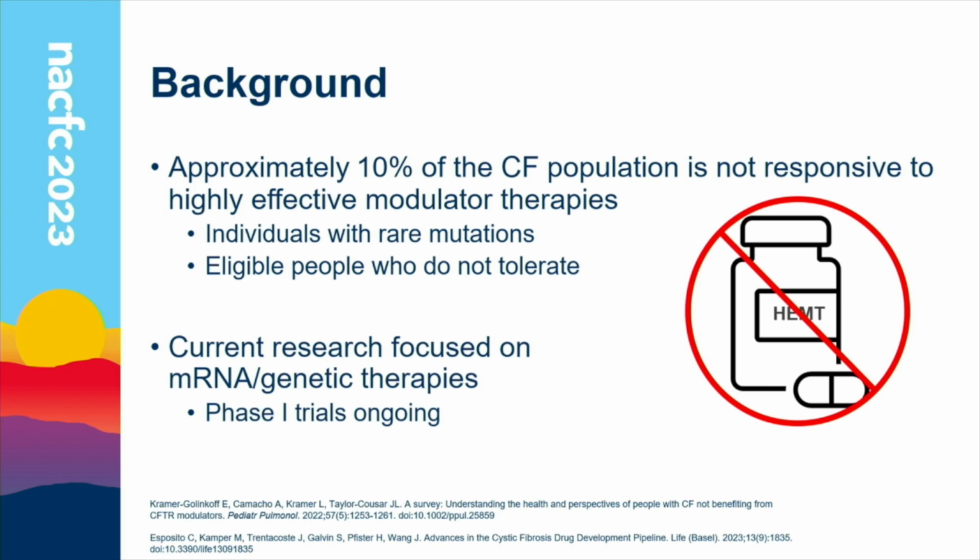We know that there's a lot of current research focused on mRNA and genetic therapies, and that those phase 1 trials are ongoing. And so in order to get these people a therapy that works for them, we need to build a culture of inclusivity and trust. And so that's something I wanted to build into the process of meeting people and talking to them about being a part of research.